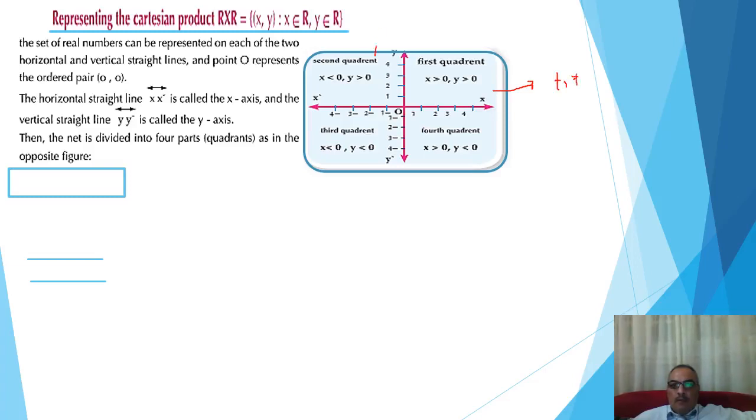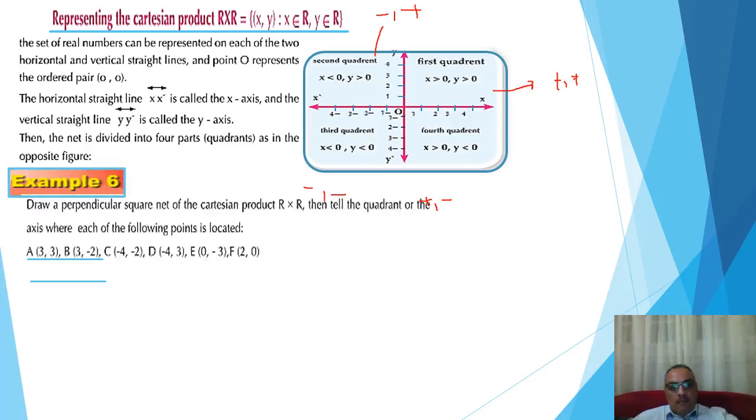Second, x left is negative, y positive. Third, negative together. Fourth, x positive and y negative. This plane is the product of R and R. Okay.